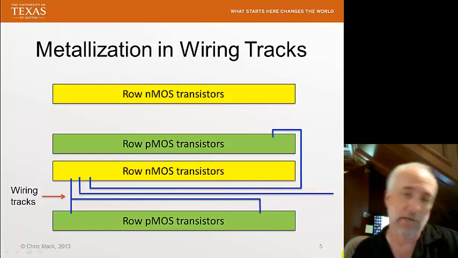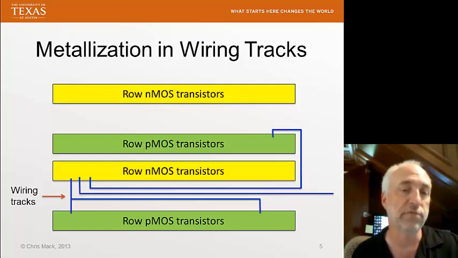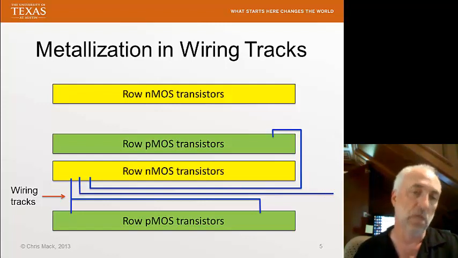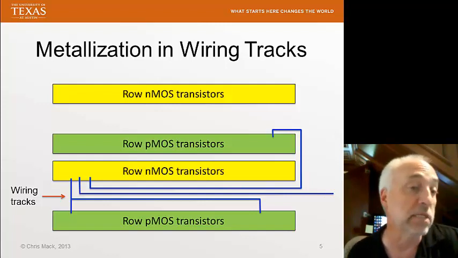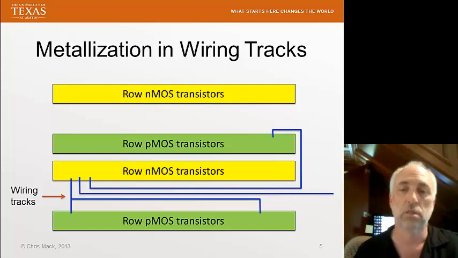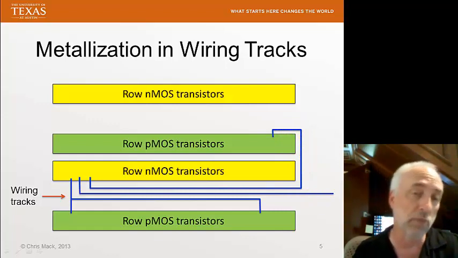So here I show a 3-track wiring, but maybe that's not enough. Maybe I won't be able to run enough wires to make all the connections I need with only 3 tracks. Maybe I'll need 4 tracks or 5 tracks. Notice that there's going to be some breaks in these rows of transistors to allow for some vertical runs as well.